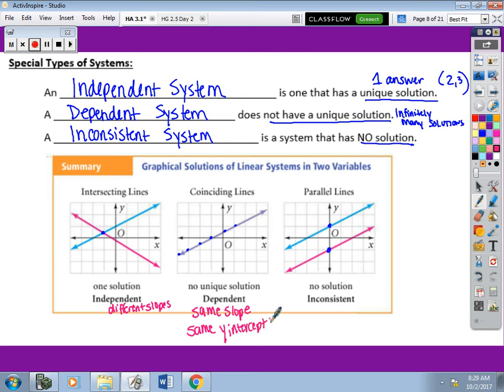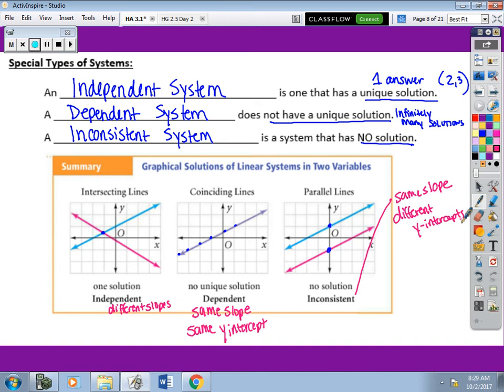So y equals 2x plus 1, y equals 2x plus 1, line on top of itself. And then the last set, which is our inconsistent system, those are going to have the same slope, but they're going to have different y-intercepts. So you can determine what type of system you have just by looking at the equations and observing their slopes or their y-intercepts.